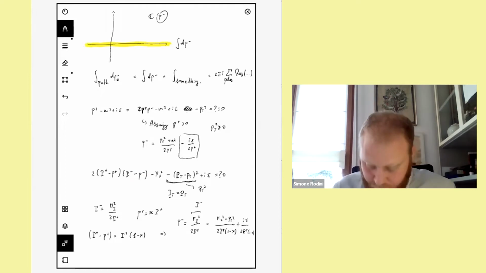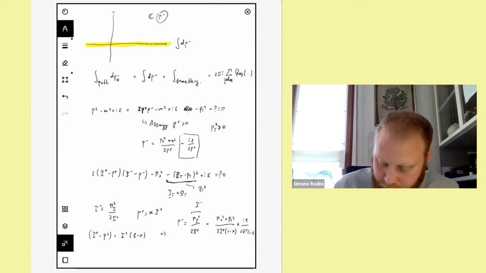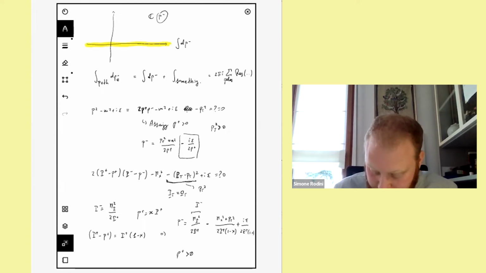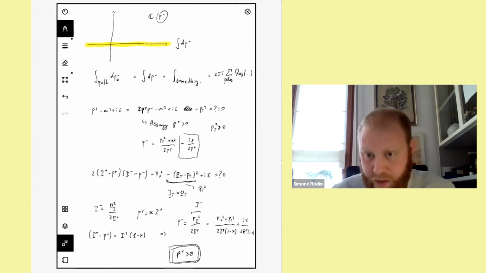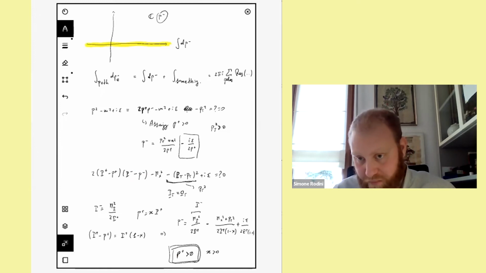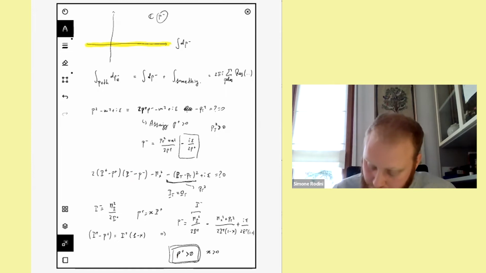So you see that here we assume that small p plus is greater than 0. This is the important assumption: small p plus is greater than 0, which means that x is greater than 0, and incidentally x less than 1.